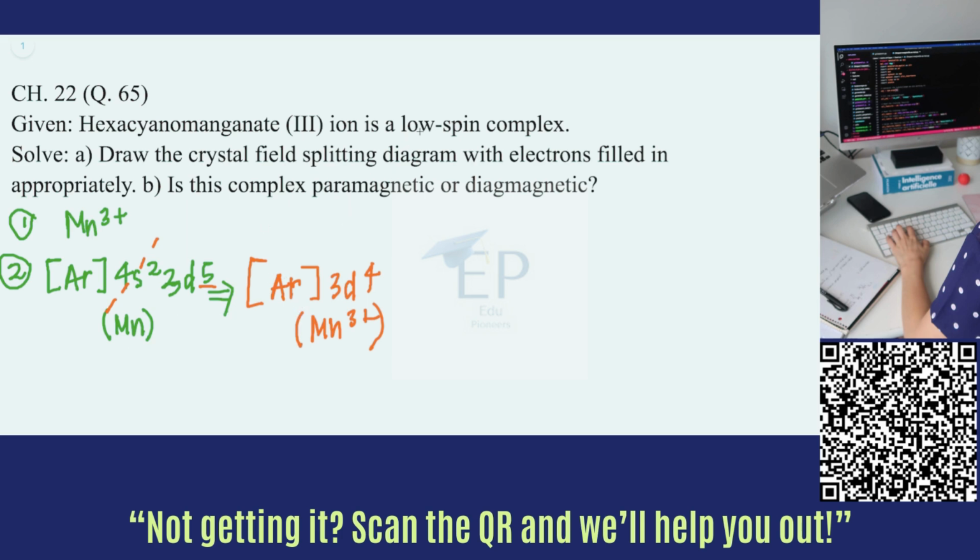Well, we're told that it is a low spin complex. What implications does this have? Number one, this means that the field is strong and that there are few unpaired electrons. Why? Because there is a strong field ligand, namely cyanide, as within hexacyanomanganate, okay?